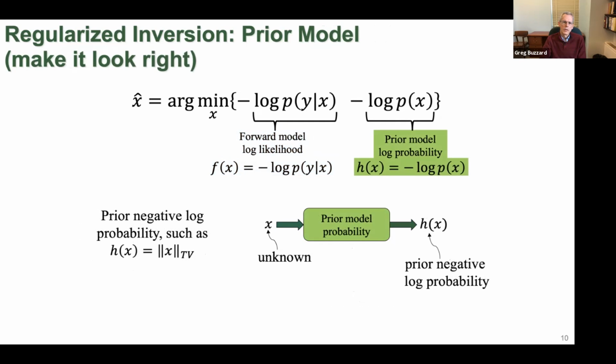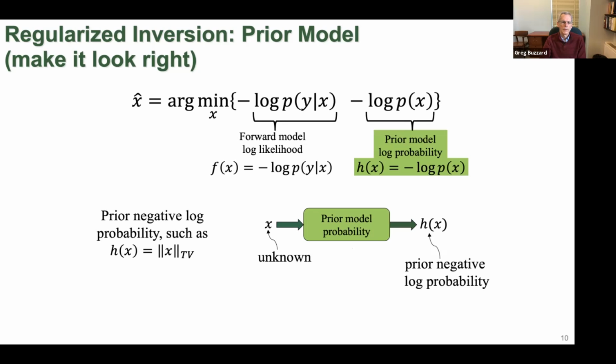The prior model we think of as given or somehow describing the set of likely images or likely reconstructions. So in the past, total variation was a typical kind of prior, which is a way of promoting smoothness, but at the cost sometimes of promoting things that look a little bit cartoonish.